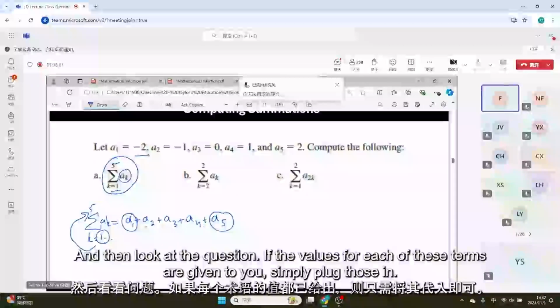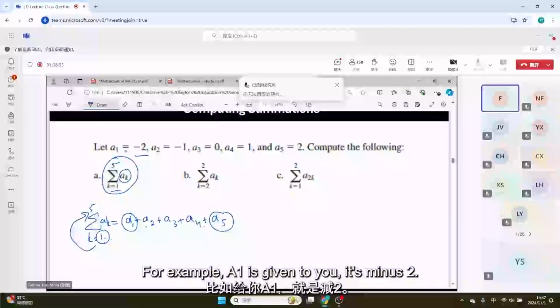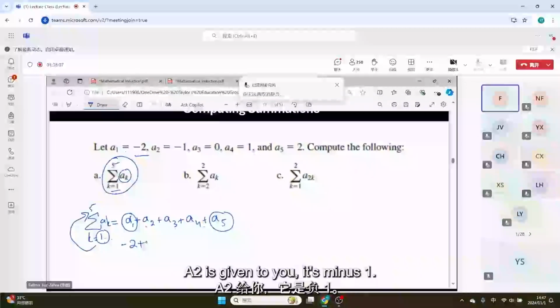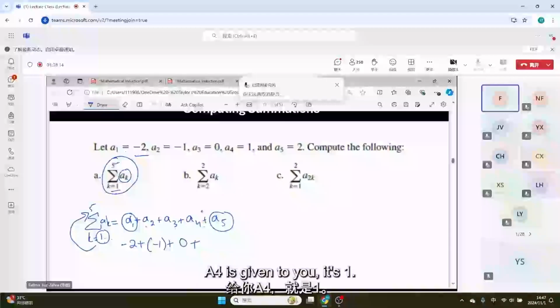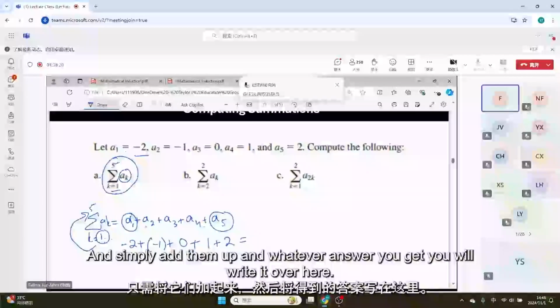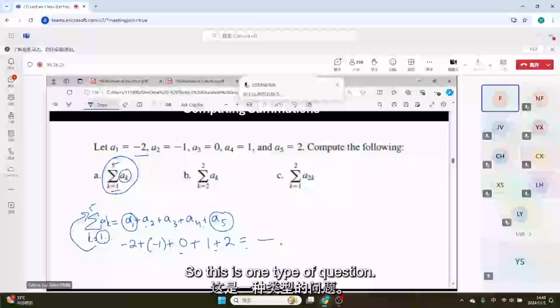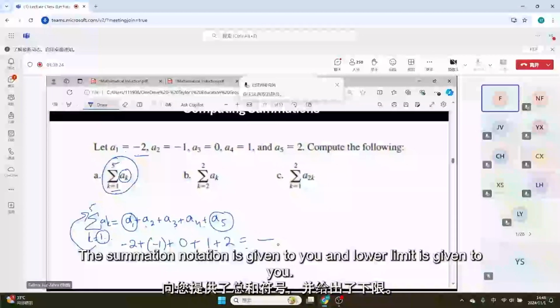If the values for each of these terms are given to you, simply plug those in. For example, A1 is -2, A2 is -1, A3 is 0, A4 is 1, and A5 is 2. Simply add them up, and whatever answer you get, you write it over here. So this is one type of question: the summation notation is given to you.